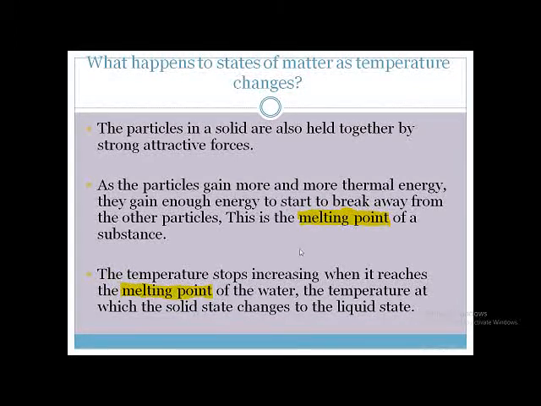When the particles take this thermal energy and transfer from solid to liquid, that is called the melting point.